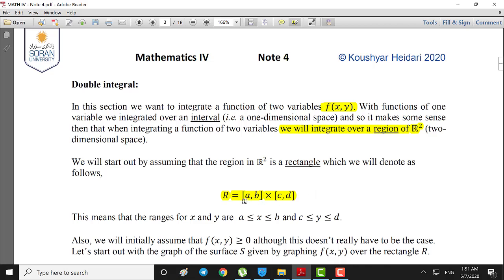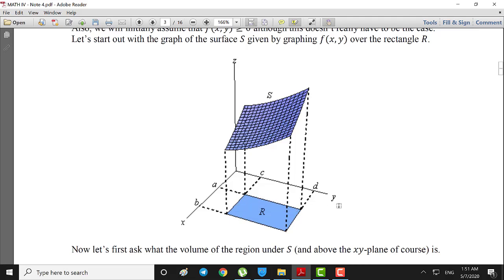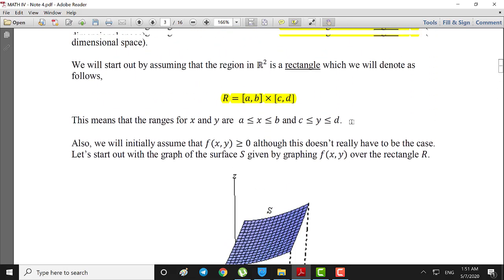Now, the first interval in this shows you the range for x, and the second interval in this shows you the range for y. Now, if you look at this figure, this is how we show this rectangle in the xy plane with this notation.